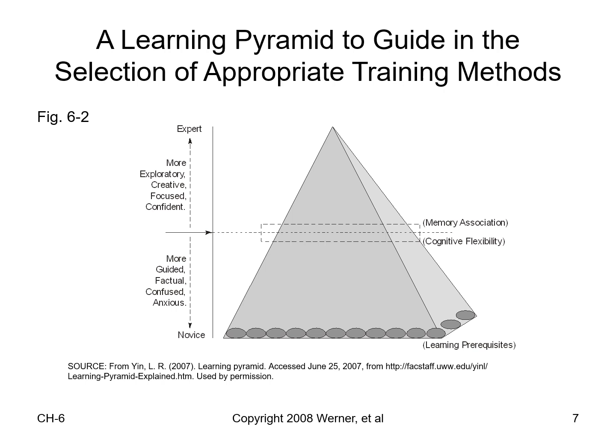This is an illustration of this learning pyramid that we are talking about. As you can see at the bottom, you have those novice learners. These people need more guidance. They are more confused, more worried, more anxious, and therefore they need one-on-one learning. They need a coach, they need a trainer.